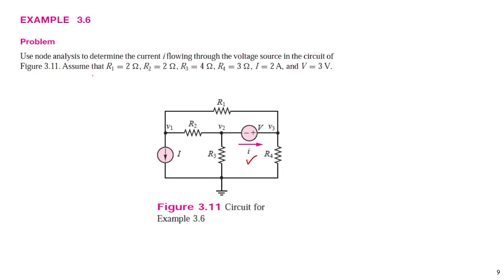R1 is 2 ohm, R2 also 2 ohm, R3 is 4 ohm, R4 is 3 ohm, the current source is 2 ampere, and V is 3 volt.